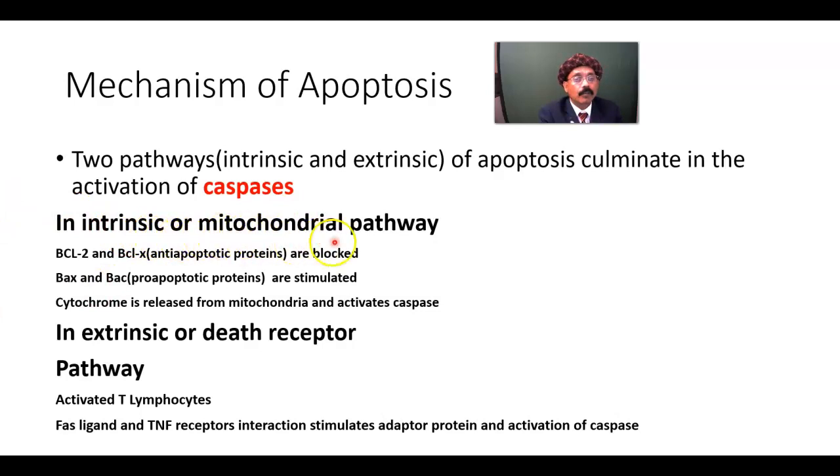In the intrinsic or mitochondrial pathway, BCL2 and BCLX, which are anti-apoptotic proteins, are blocked, and BAX and BAK, the pro-apoptotic proteins, are stimulated.